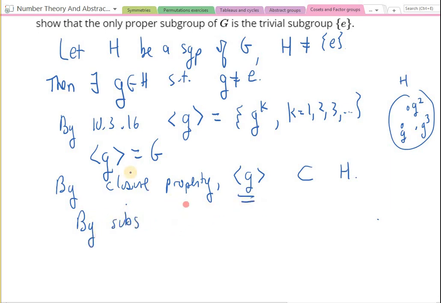Well, look at this and look at this. Or let me do it in red.